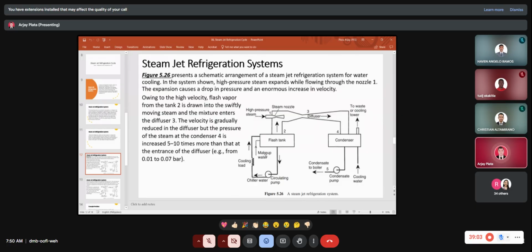So we use the chilled water. Chilled water is produced here at the flash tank. So as we all know, chilled water has a very low boiling point compared to the original water. So there is a low boiling point, and that's what we use as refrigerant here. So we have a cooling load here.